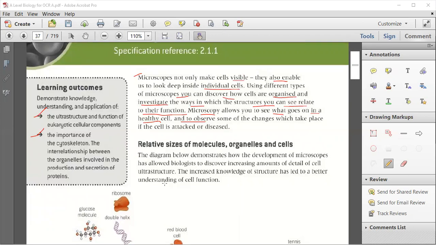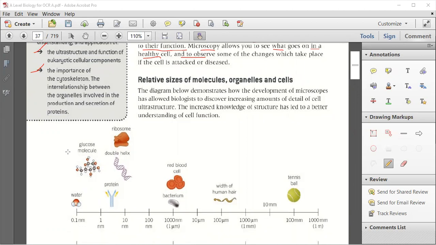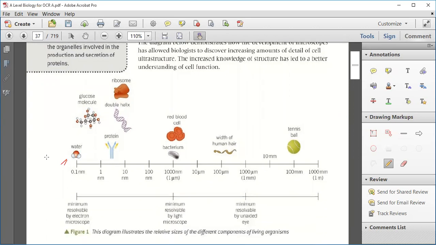Now, relative size of molecules, cells, and cell organelles. How can we relatively see the sizes? The diagram below demonstrates how the development of the microscope has allowed biologists to discover increasing amounts of detail of a cell's ultrastructure. Suppose this is a water particle, the smallest size, and this is the bigger one.